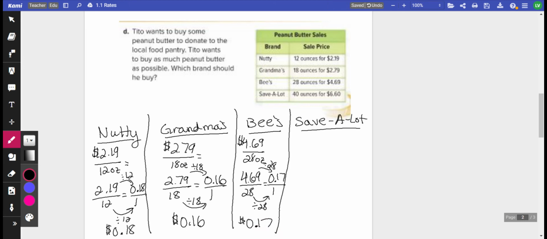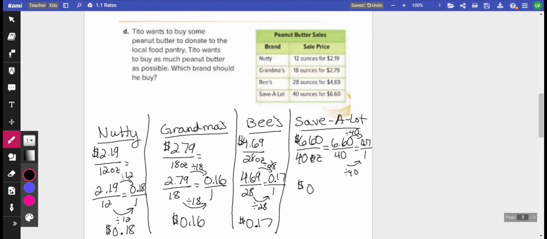Next, I'm going to try Save-A-Lot. It is $6.60 for 40 ounces. That's a lot of ounces of peanut butter. So I'm going to rewrite this to have just my values, 660 divided by 40. I want a denominator of 1, so I'm going to divide the denominator by 40, and I'll do the same thing to the numerator. 660 divided by 40, rounded to the nearest hundredth, which is the nearest penny, is 17 hundredths.